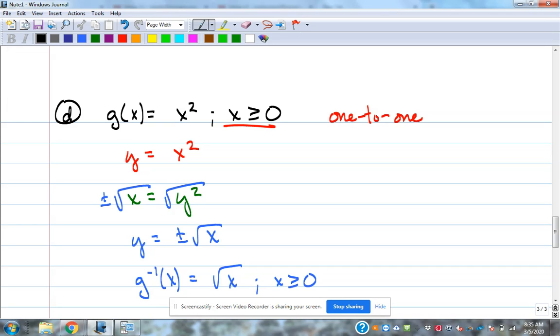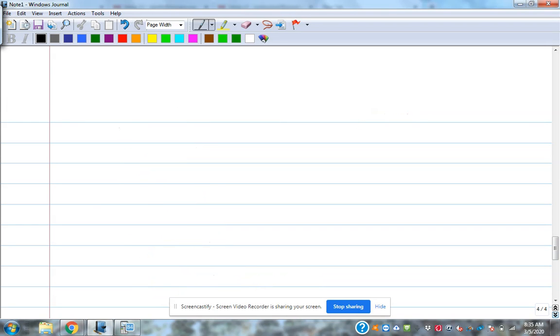Now, one of the things that we do in this section is we verify inverses.